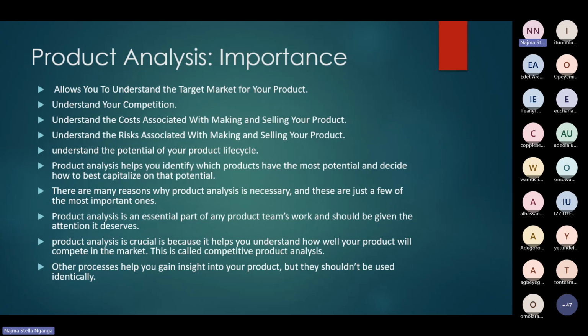And then product analysis helps you identify which products have the most potential and decide how to best capitalize on that potential. So you will see a variety of products, and you will see which one has most potential. Now, if you have this traveling app, within that app you have different features. For example, you have the feature for hospitality.